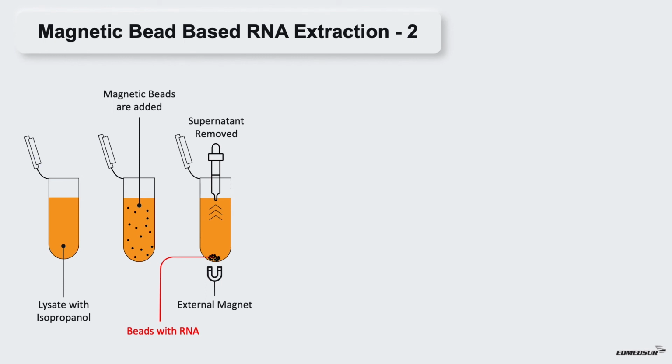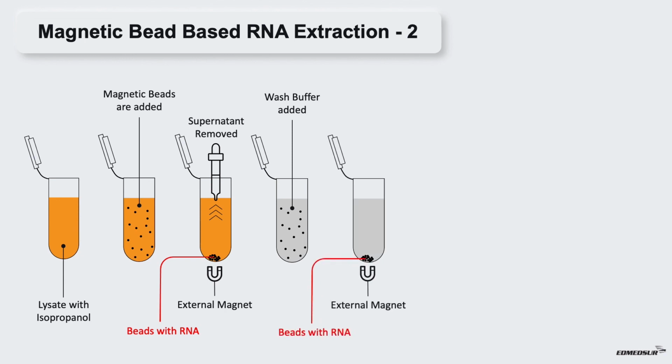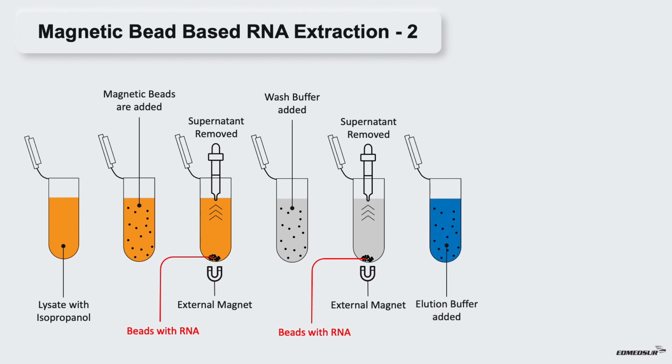For further purification of RNA, the external magnet is removed and a wash buffer is added onto the tube. Again, an external magnet is used to immobilize the magnetic beads with their attached RNA. The supernatant is removed and discarded without disturbing the beads. Elution is the process of adding an elution buffer to the tube after removing the external magnet.